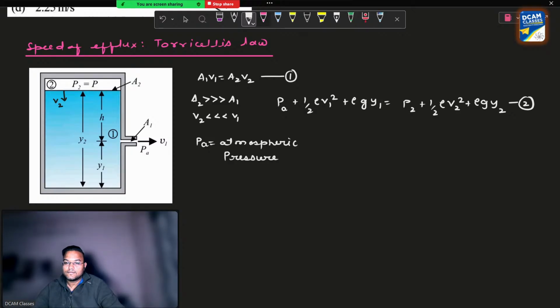Now, our task is to find the velocity v1. I can further simplify this, because P2 is given as P, so PA minus P2.